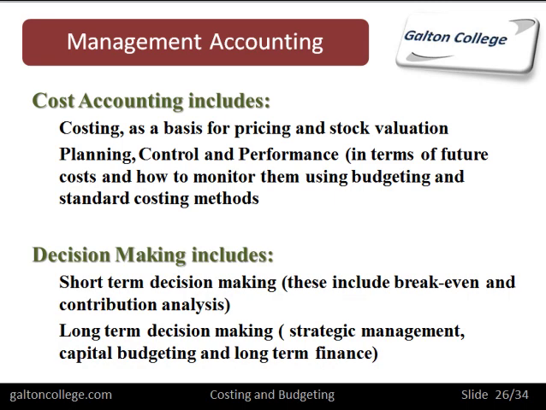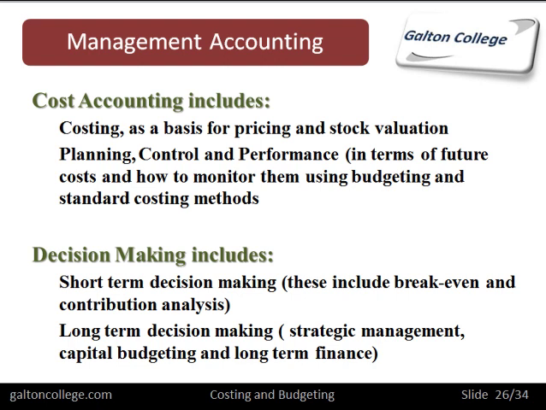Decision making includes short-term decision making, so looking at, say, a break-even analysis, and long-term decisions: strategic management, capital budgeting, and long-term finance. So decision making is in two parts, short-term and long-term.